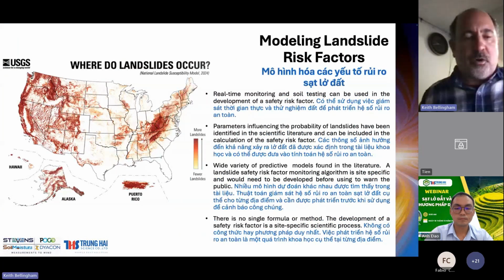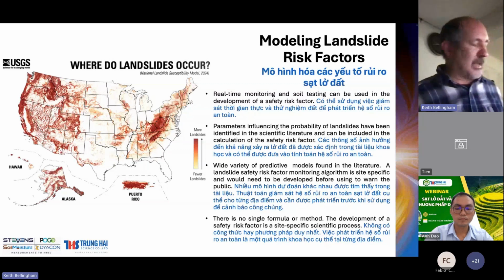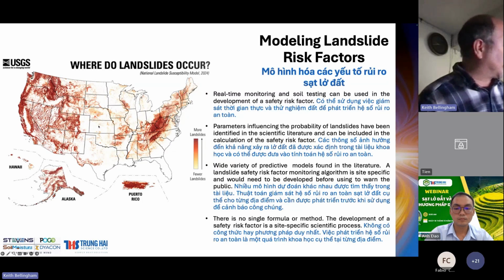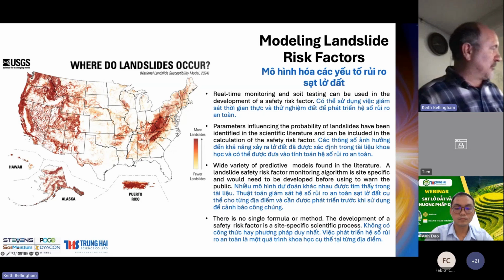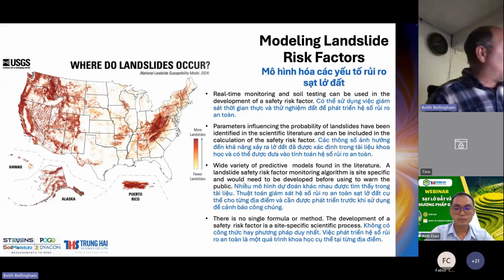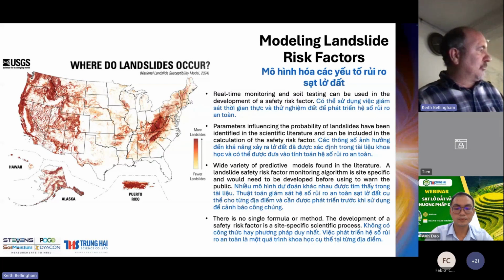One of the main agencies in the United States that monitor and assess landslides is the United States Geological Survey, and they published this map that has all of the landslide occurrences over the past several years. Most of these landslide occurrences happen in areas where there's a lot of slope and a lot of rainfall.